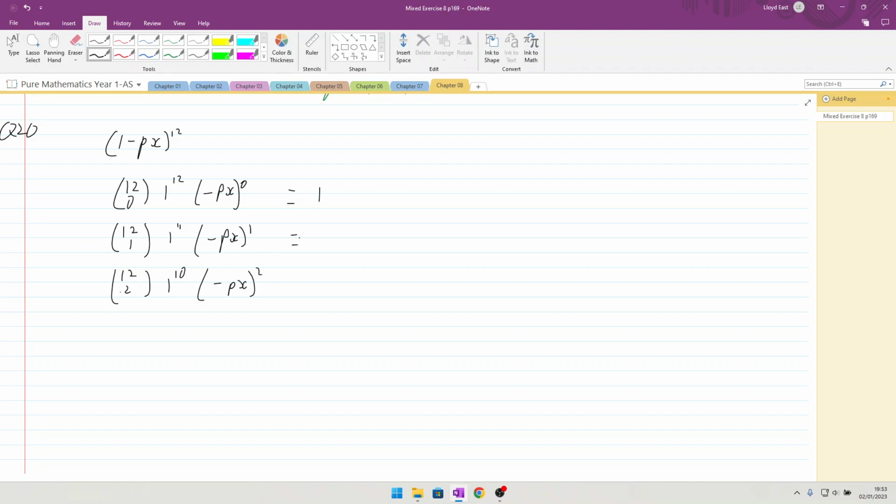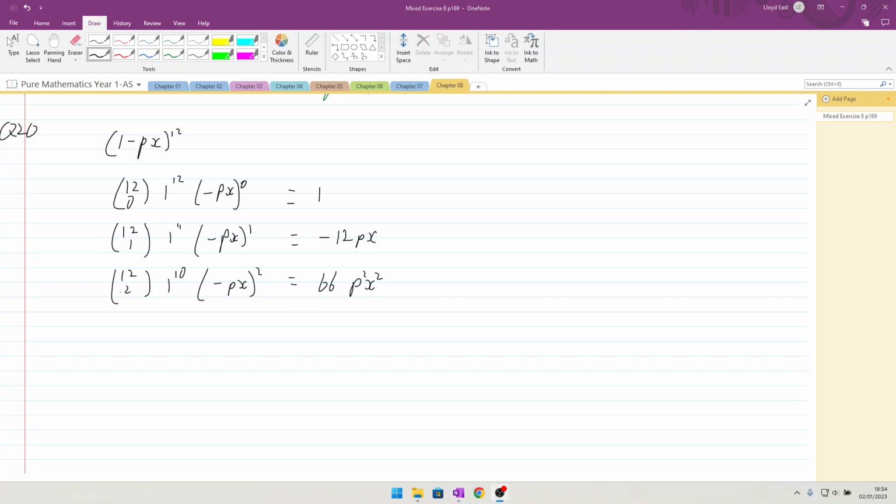The second lot is going to be 12 from the 12C1 for the nCr, times 1, so we're going to have minus 12px. This one, 12C2 is 66, so 66. The minus px squared is going to give us p squared x squared, of which the minus is changed to a plus. 1 to the power of 10 is 1, so 66 with a positive.